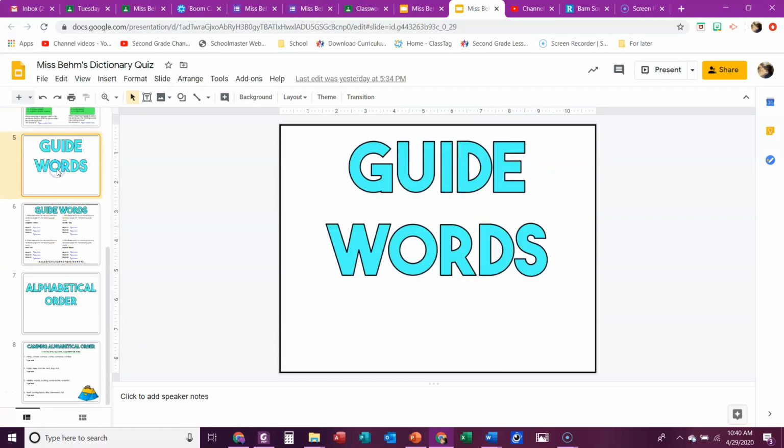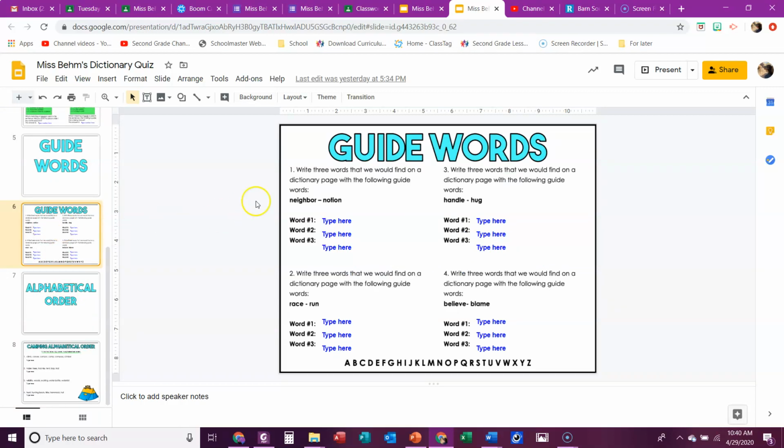Okay. Next part is guide words. So write 3 words that we would find on a dictionary page with the following guide words: neighbor to notion. You can use a dictionary, or if you don't need a dictionary and you already know words that go in there, go ahead and type it, okay?